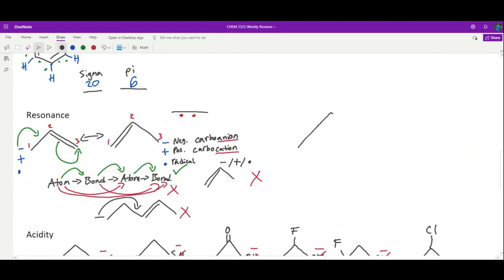Remember how I had this 1, 2, 3 atom, and remember how I had that double bond? So that charge existed both on carbon 1 and carbon 3, depending on which resonance form I drew, right? So that negative charge, or that double bond, exists both between carbon 1 and 2, and between carbons 2 and 3.